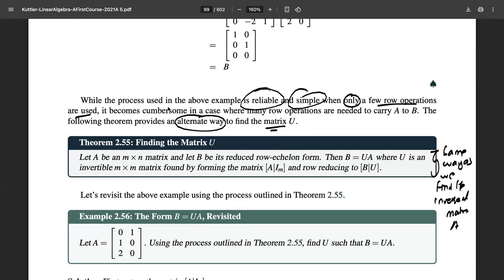Essentially, we start with an augmented matrix with matrix A, the original matrix, and then the identity matrix.